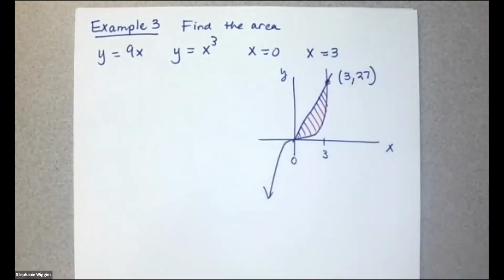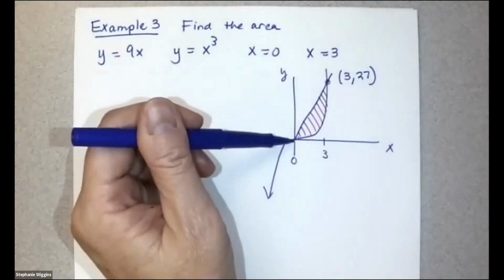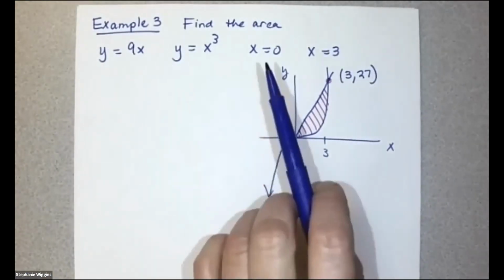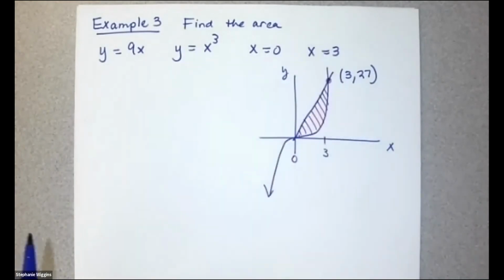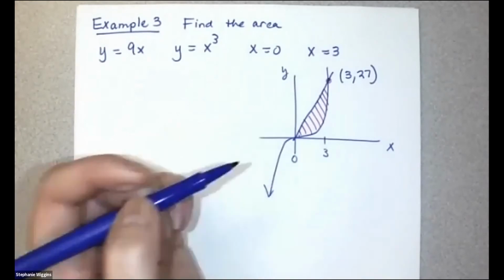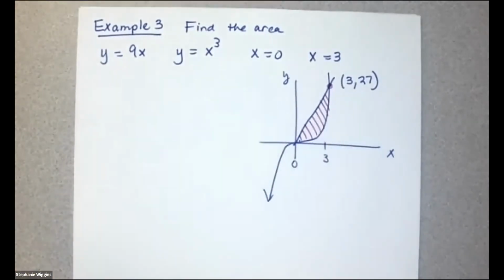You're going this way, as opposed to the area if you just said graph the area between the curves and you didn't specify from 0 to 3, then you would have had some area over here because they intersect again. So this is the area they want.